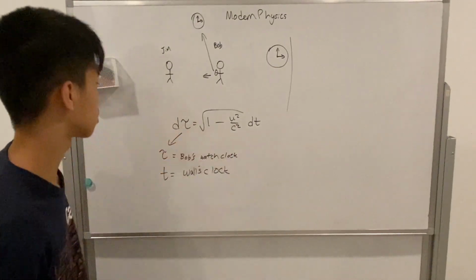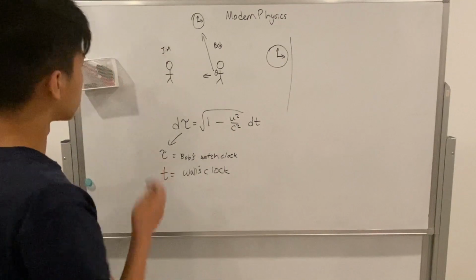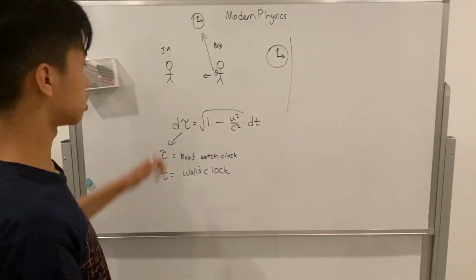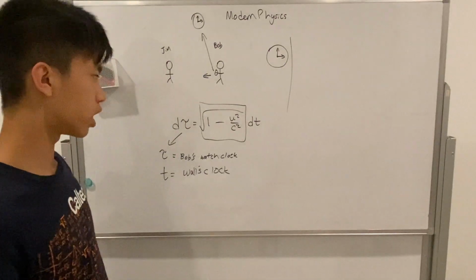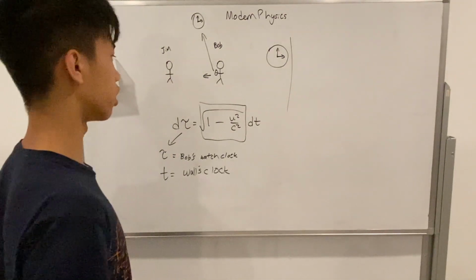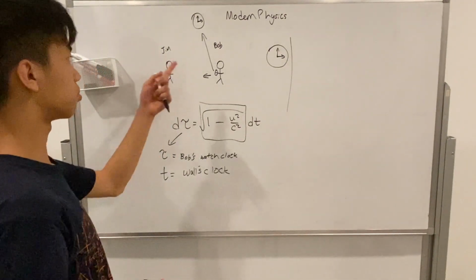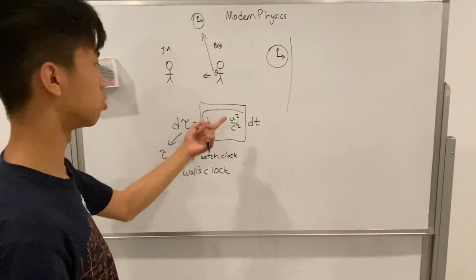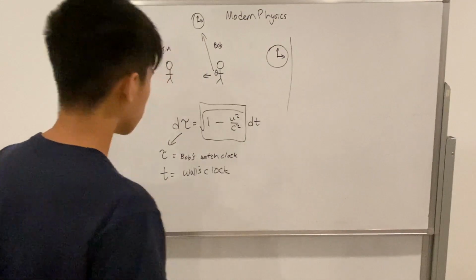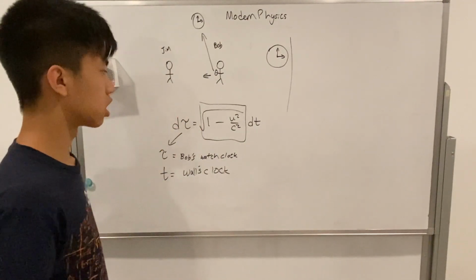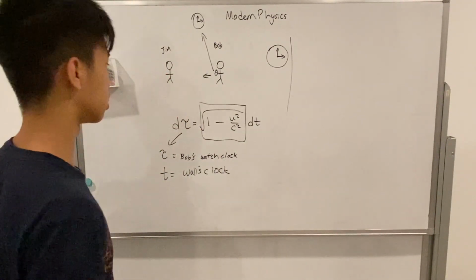So this is known as something called time dilation, because notice that this factor here will always be less than 1, unless of course Bob is also stationary, because then the velocity would just be 0. But just know that this is always less than 1 if Bob is moving.